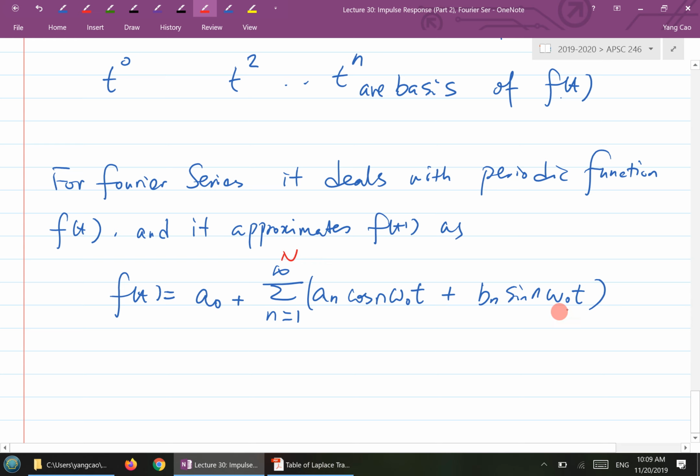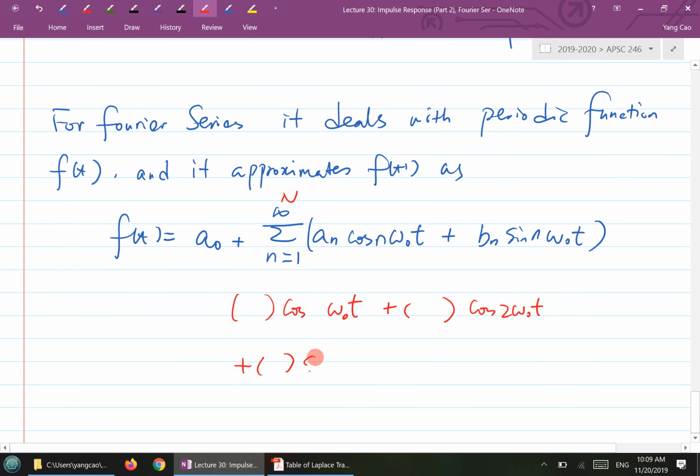What do you see here? f of t, if you expand this summation, is basically equal to some coefficient times cosine n omega naught t, where n is 1, and another coefficient times cosine 2 omega naught t. And there's also sine omega naught t, and sine 2 omega naught t, and possibly more terms, of course.